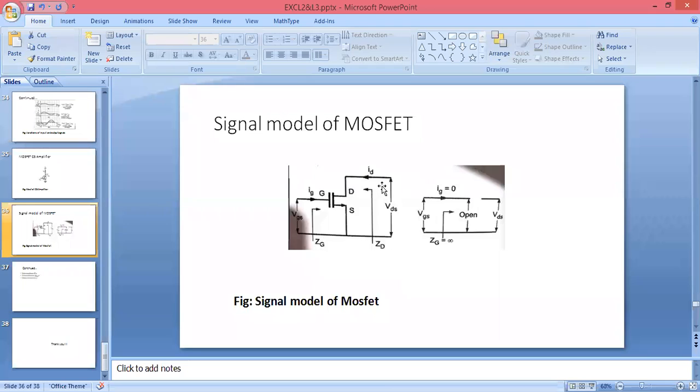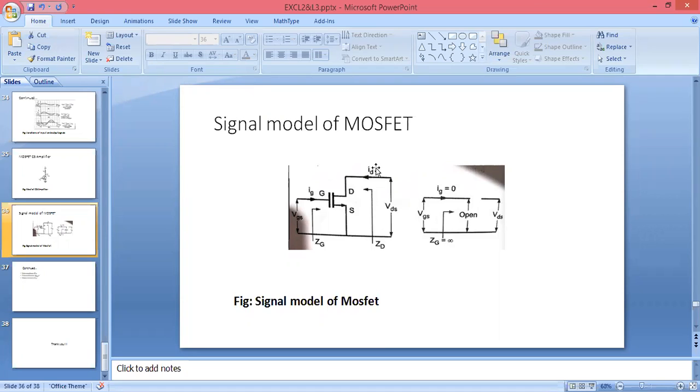Then we see the value of output resistance, or we can say the load resistance. Ideally, after VDS saturation, what will happen? We are getting a constant value of current, and if VDS goes beyond VDS saturation, current will start to increase. मतलब saturation region के बाद क्या हो रहा है? current जो है फिर से increase हो रहा है.